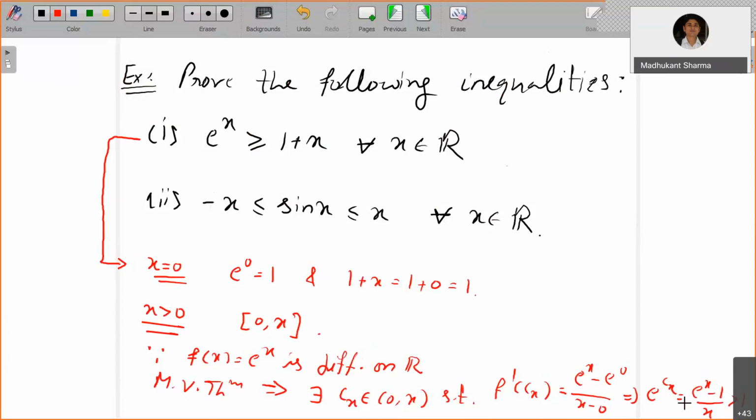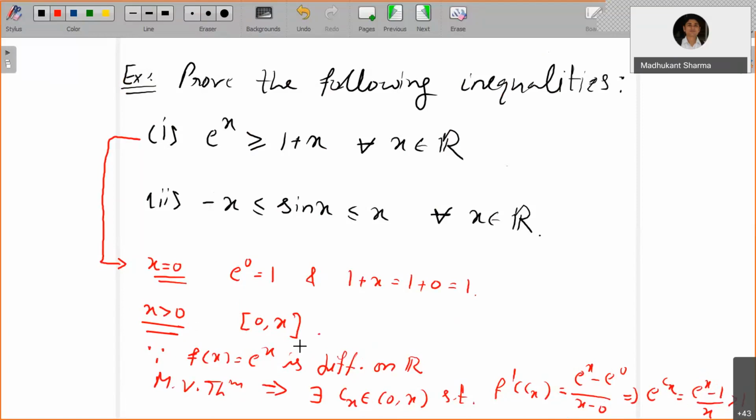So this will imply e to the power x is greater than 1 plus x if you solve it, because x is greater than 0, so you can certainly multiply by x on both sides. Similarly, for the result for x less than 0, you can use the interval x to 0, and use the fact that e to the power x is strictly less than 1 for x less than 0.